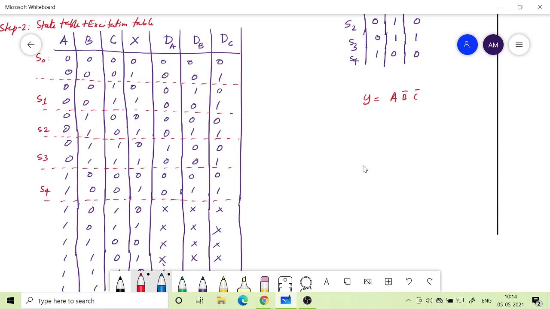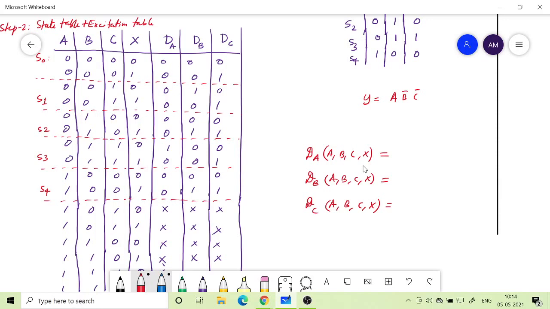So we will basically get DA, which is a function of A, B, C and X. It's a 4 variable function. DB, again a function of A, B, C and X, and DC is also a function of 4 variables.